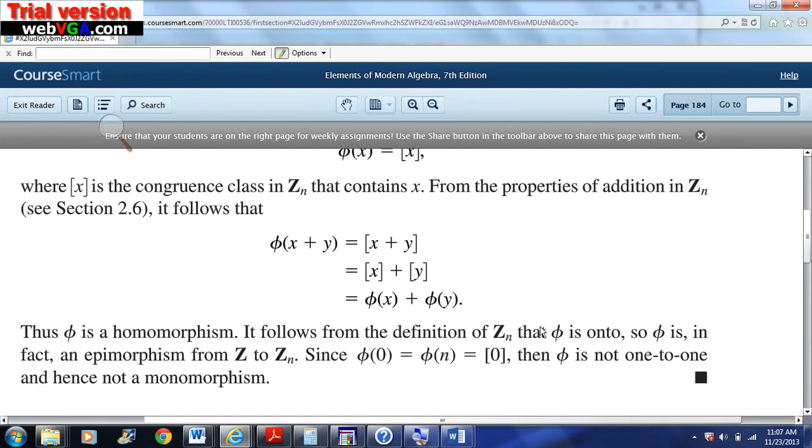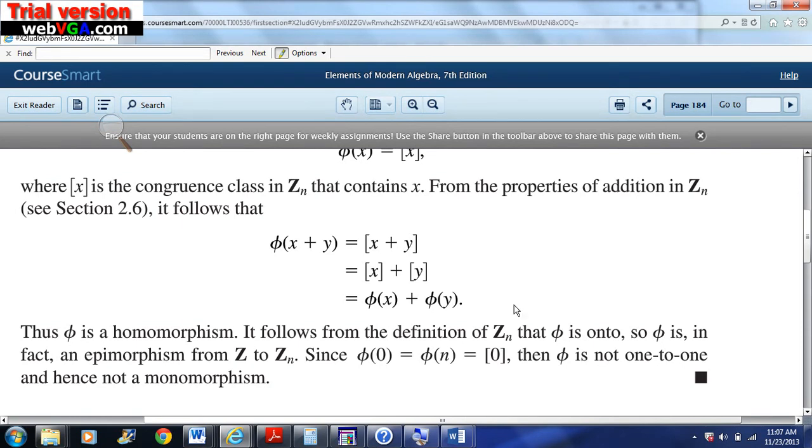So remember, onto, you have to show that everything in what we usually call the range comes from phi, from a function of whatever you have in the domain.